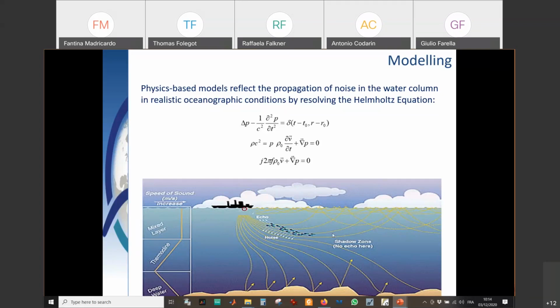So some of the sound will be refracted on top of the thermocline and go deep and then go up again toward the surface. And some of it is going to go deep and then go even deeper, until it reaches the bottom and then rises again toward the surface.